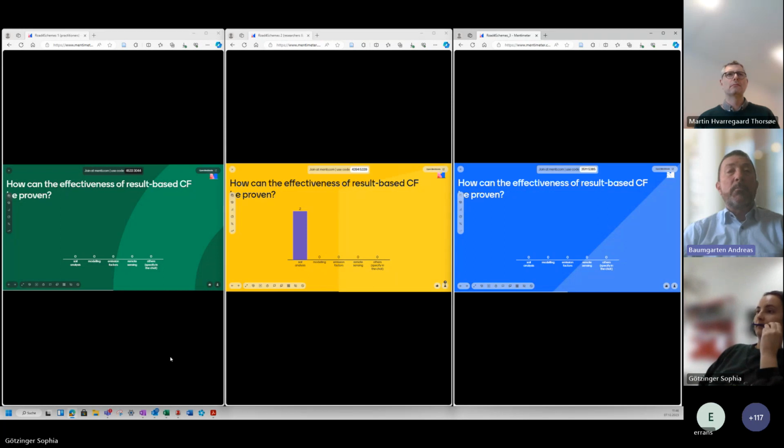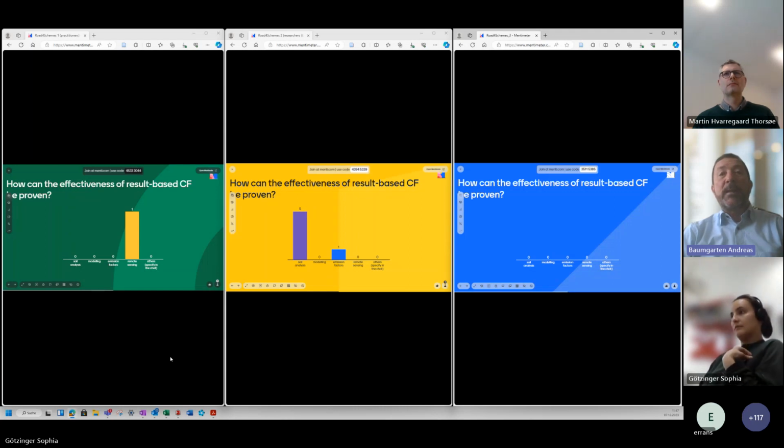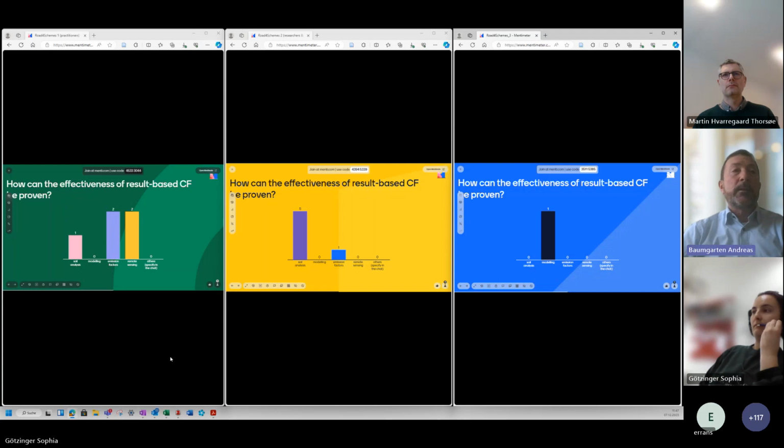Is it by means of modeling? Is it by means of emission factors? Is it remote sensing? Or is it something else that we haven't mentioned yet? And if that is the case, please specify in the chat what is missing in your opinion, so that we can have a look at it finally.